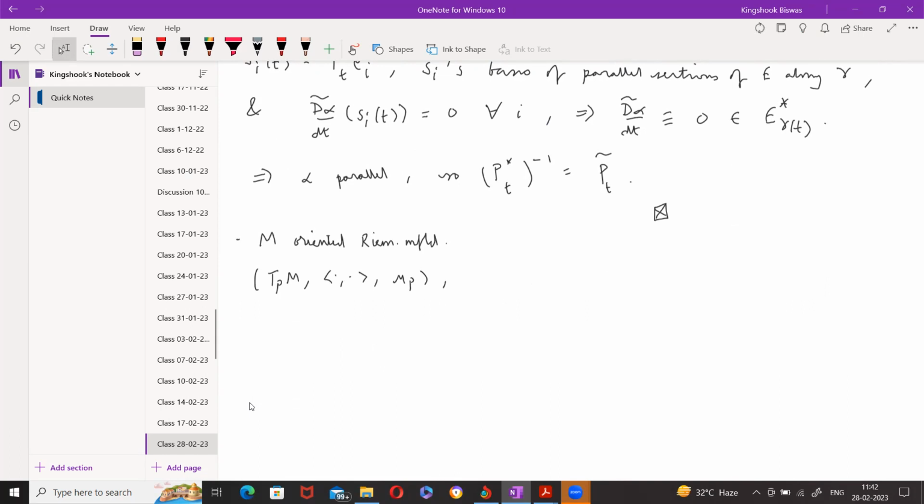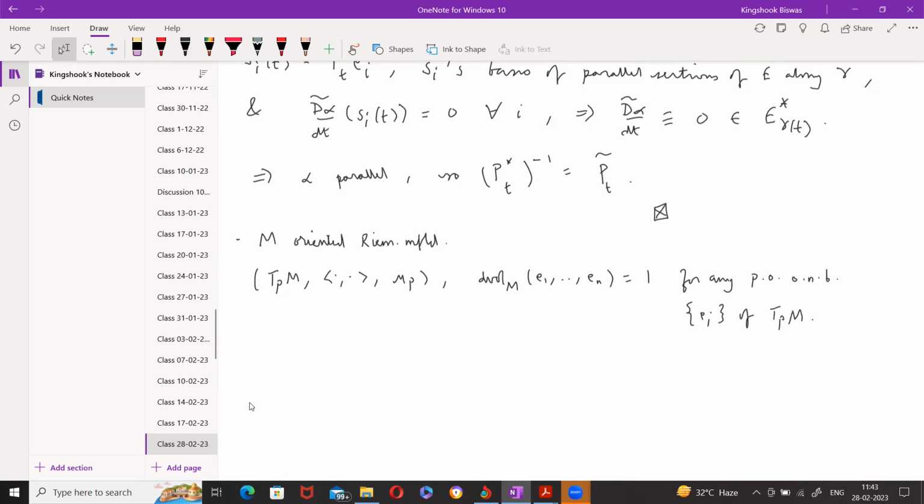So that gives a volume form which is denoted by dvol_M. So dvol_M has the property that it's an n-form which takes the value 1 for any positively oriented orthonormal basis E_i of T_pM, right?